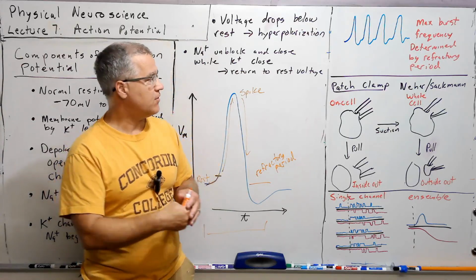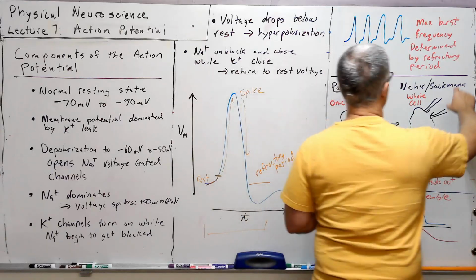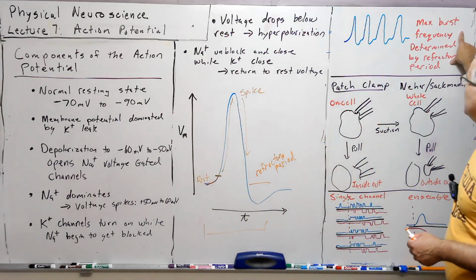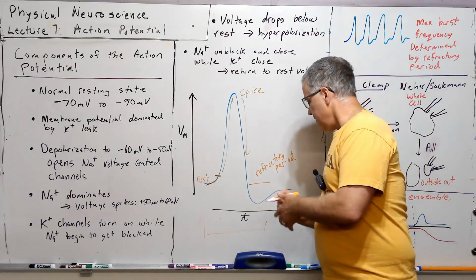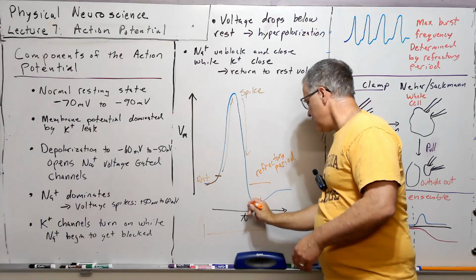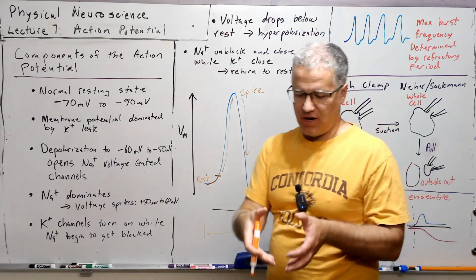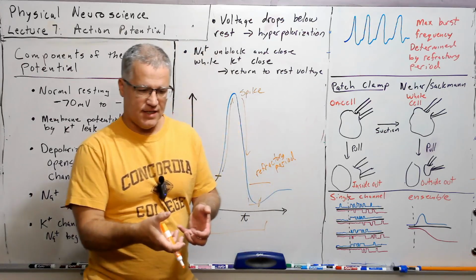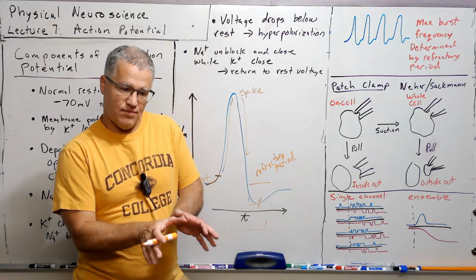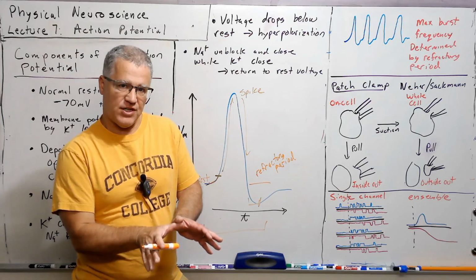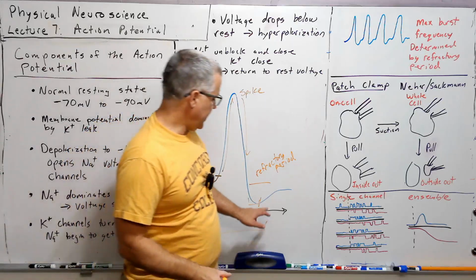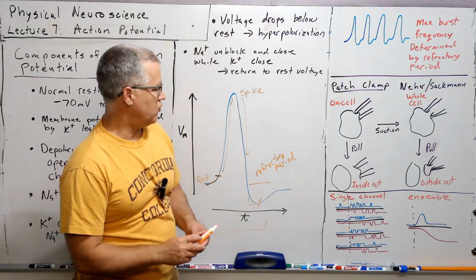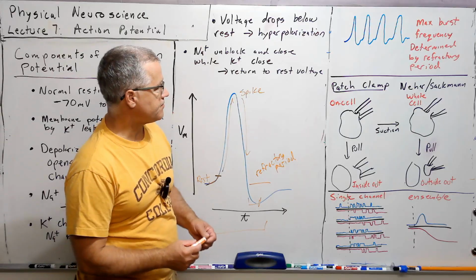So the refractory period determines this. And in the most extreme case, it's the absolute refractory period. This would be about here, where the sodium channels are still open but blocked. Then they're closing and unblocking. If that happens, then you could force another action potential, even though we're starting at a hyperpolarized position here.